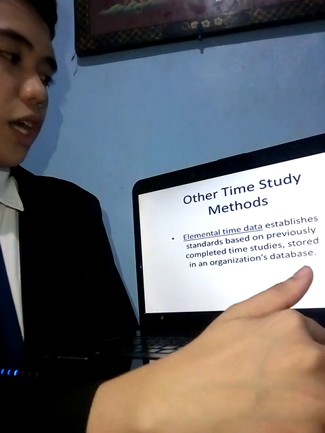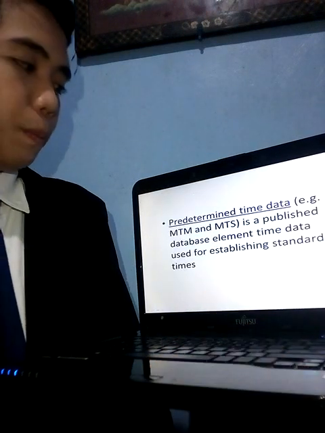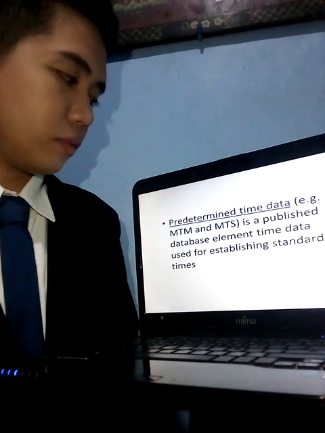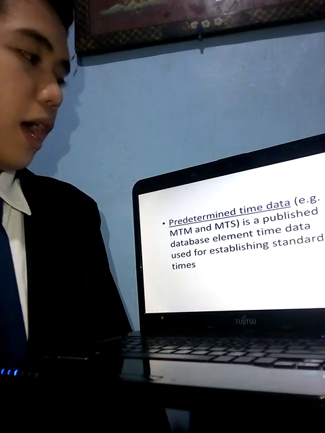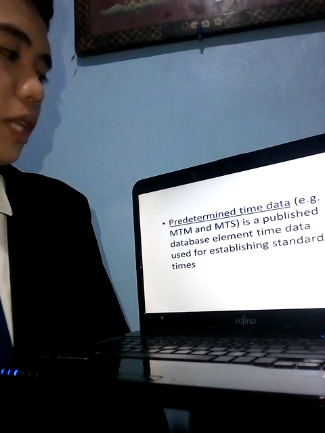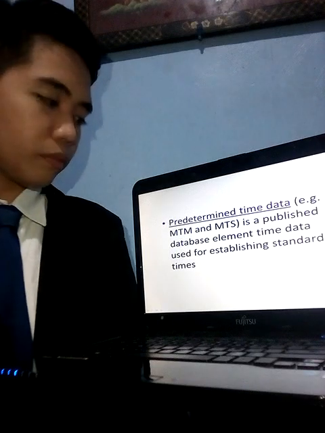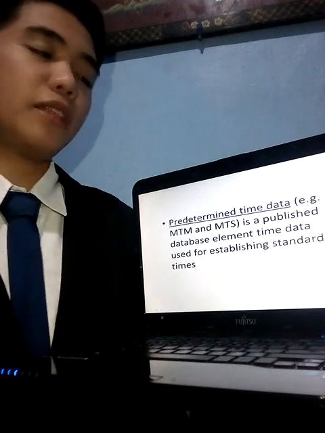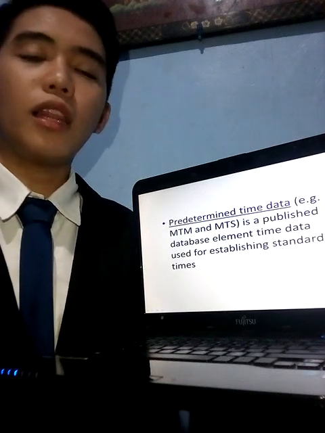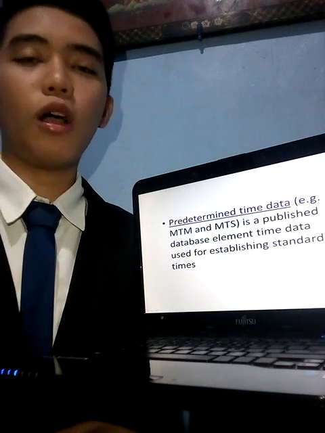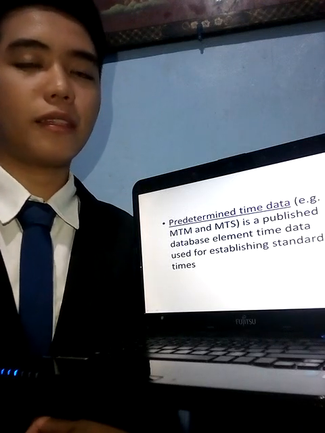So another time study method is predetermined time data. Predetermined time data is a published database of element time data used for establishing standard times. It is a large database of valid work elements.